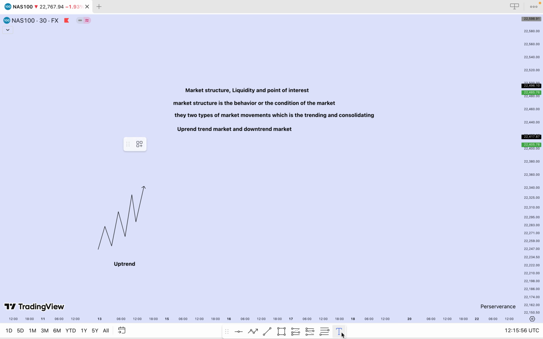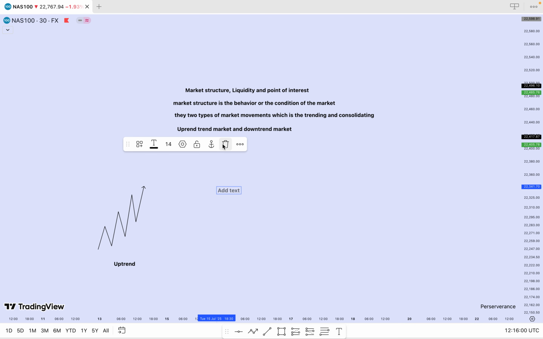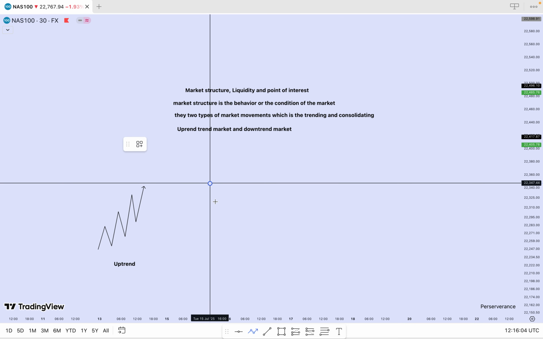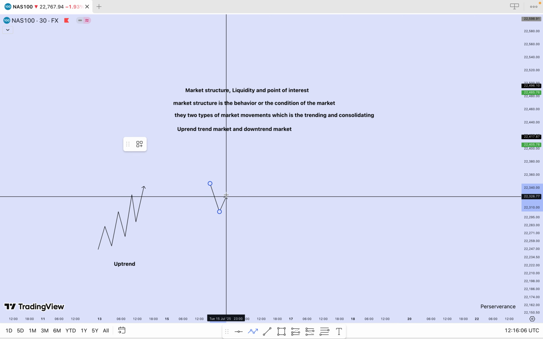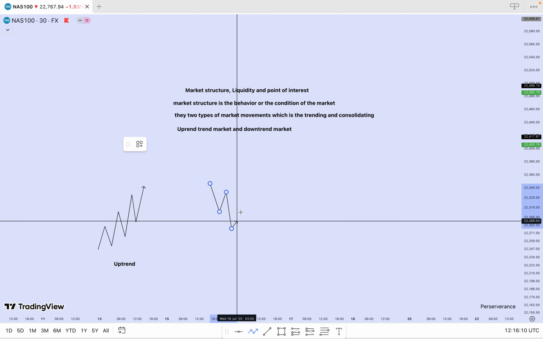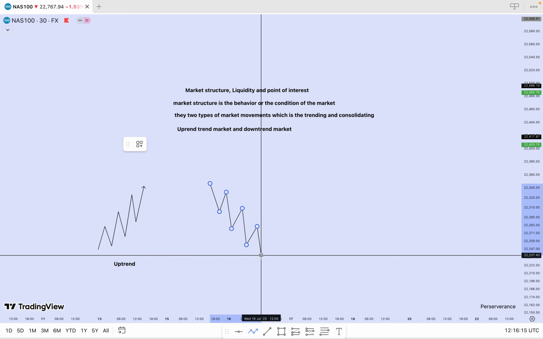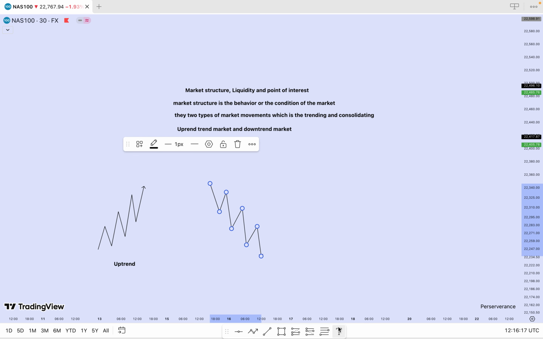And then if price is in a downtrend, market creates lower highs and lower lows. These are the characteristics of a downtrend market.